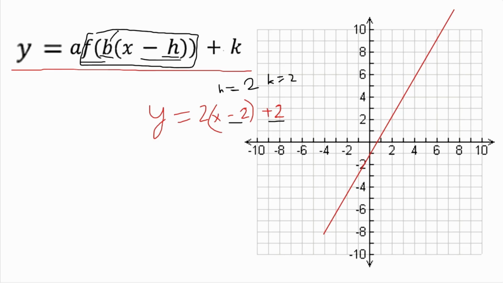Okay, so they affect your x value. The a and the k, they're outside of the function, so they affect your y value.